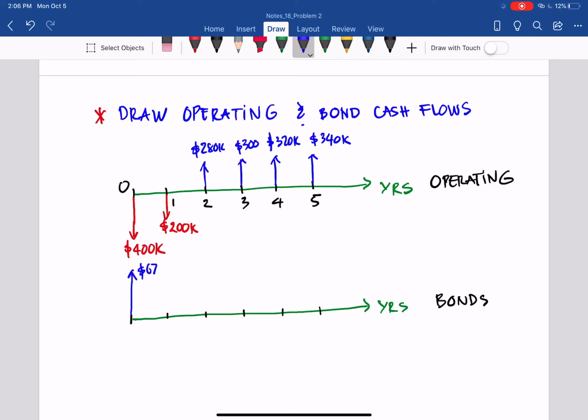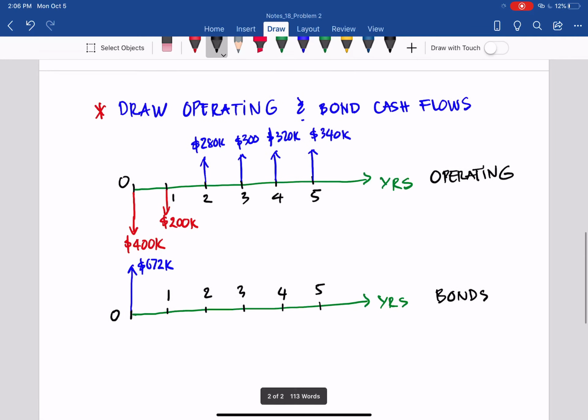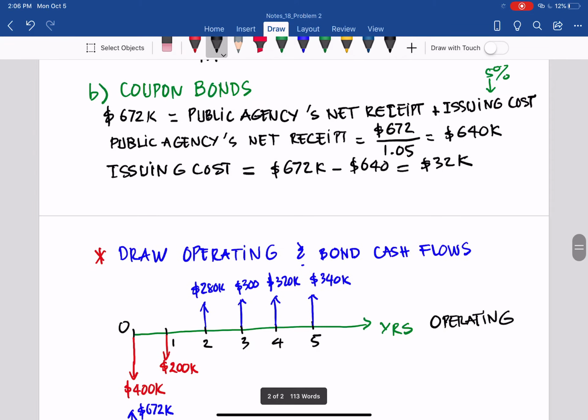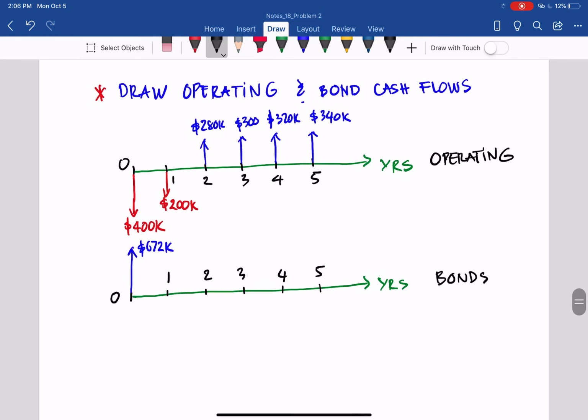That is, you borrow money and it's in your pocket, but you have to repay it. So 1, 2, 3, 4, 5, but you have to pay the issuing cost immediately. That is 32,000. So that was the net at time 0. You only have 672 minus 32, 640.